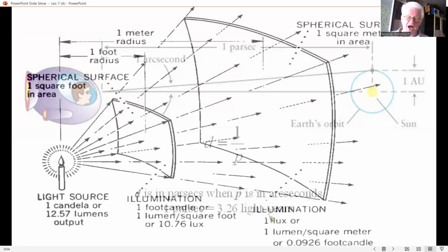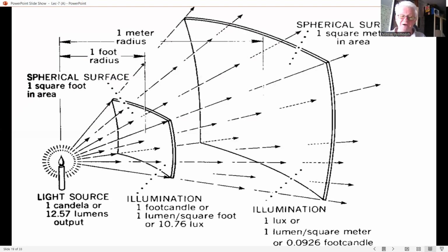The amount of light received from a star, the light flux, is related to its distance by the inverse square law. Okay?